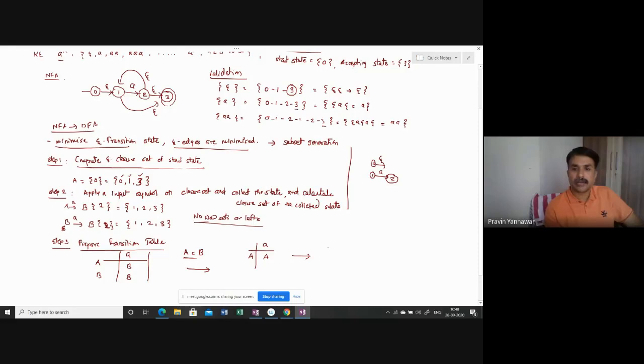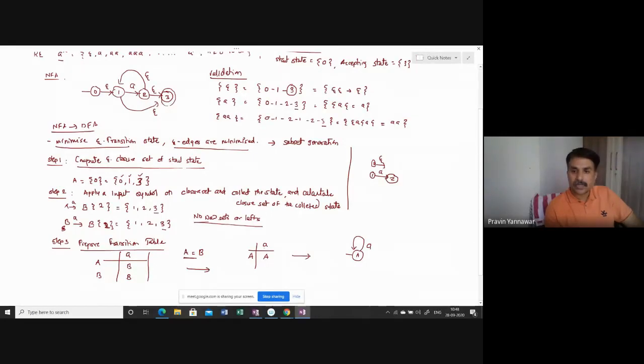So here we are going to draw a finite automata now, a deterministic finite automata, and the deterministic finite automata is like this. A, and this is going to be A. Okay, and do we have an accepting state here? Now look at here, 3 is here, 3 is here.